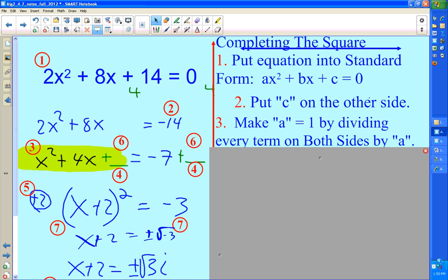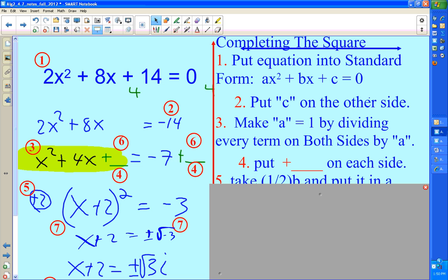So the x squared plus 4x, I tell, and I still do this, put plus blank on each side. So right here, after the 4x, I put a plus blank, and right here, I put a plus blank. Then, here's the key.